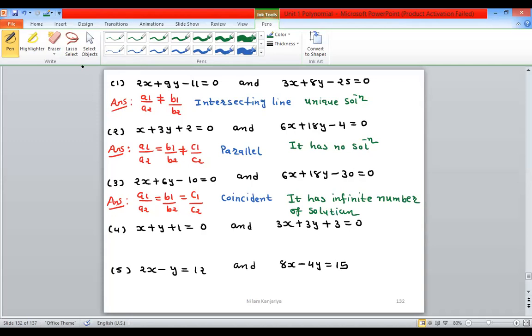So last two, I think you got it. Again the lines are equal. Both lines are equal. It is a coincident line. And the last two, they are parallel lines.